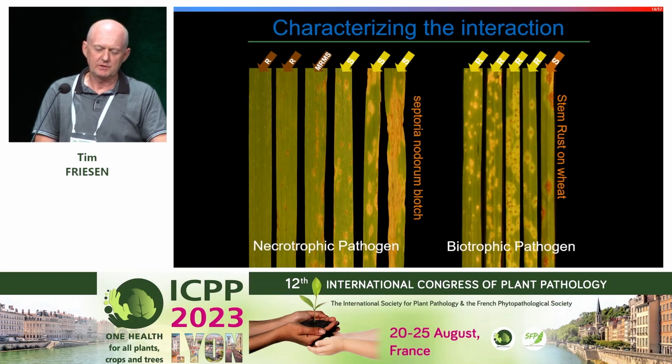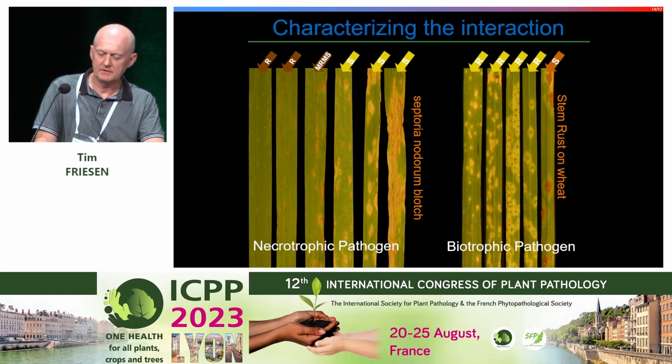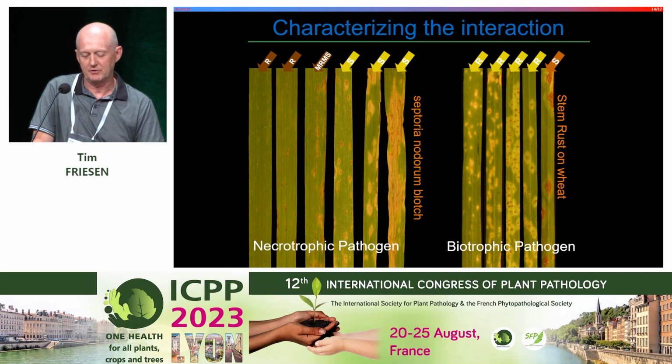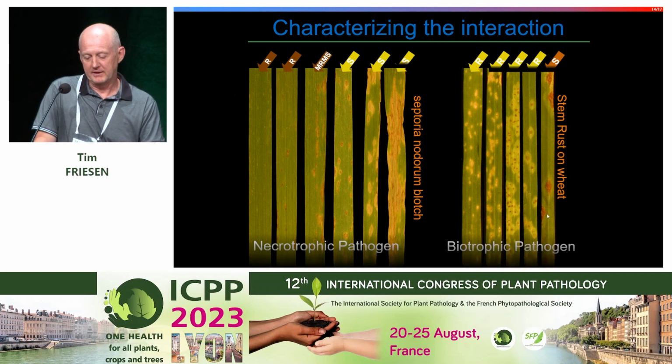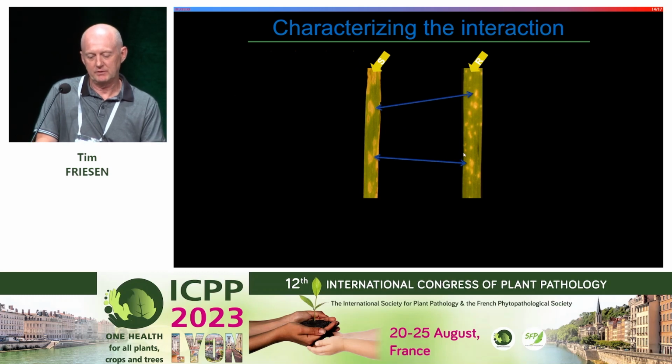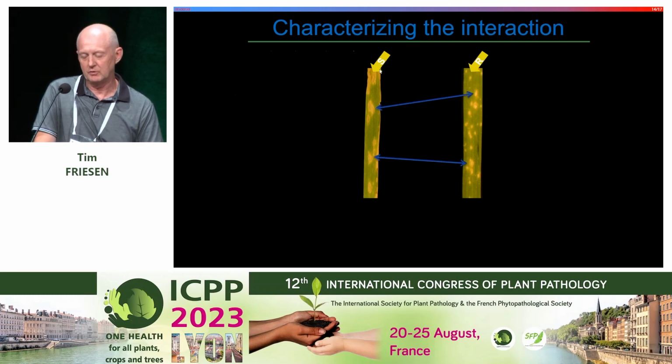So I just want to end with this slide. This is just a direct comparison of 2 extremes. On the left we have the necrotrophic pathogen that we're working with. On the right we have a very good biotroph, stem rust of wheat. I just want to highlight the differences between the 2 interactions.